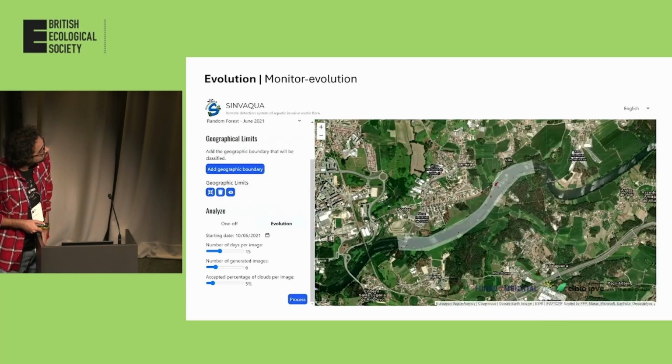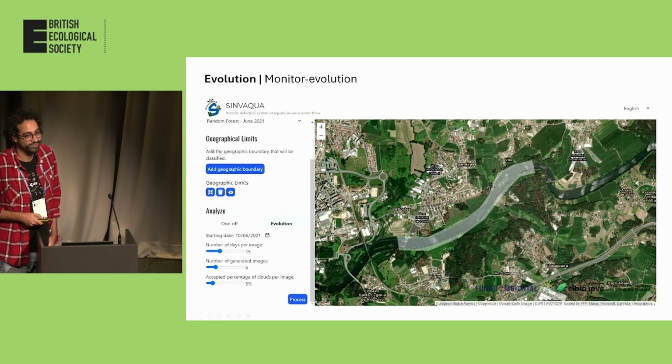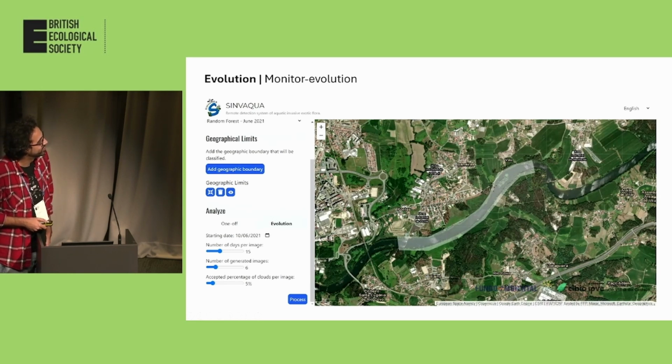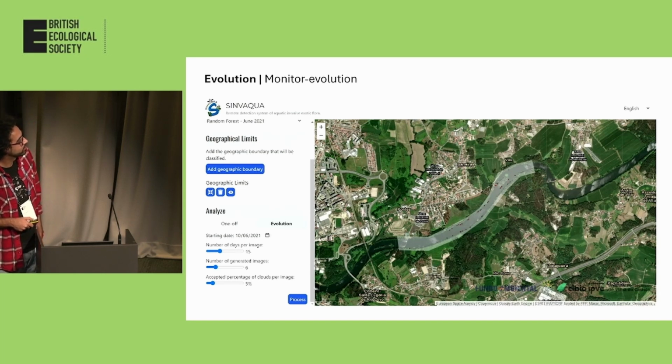Okay, this should be a moving video, and you can see across the time the different points of water hyacinths moving. Yeah, it takes a little bit. So you can see it works.